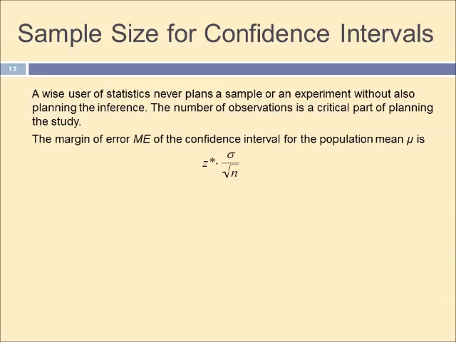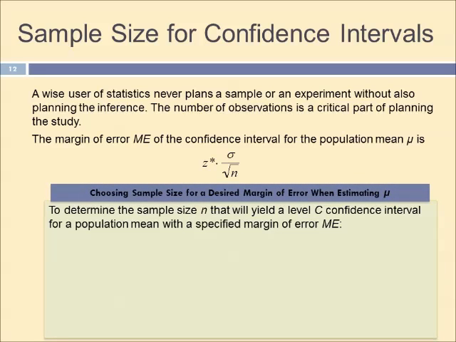Now, we can calculate the sample size for a confidence interval for a particular margin of error. Remember that the margin of error for a confidence interval is given by this formula, the z-score times the standard deviation divided by the square root of the sample size.